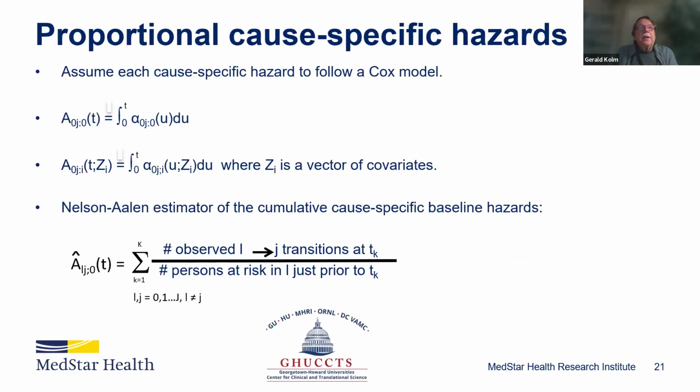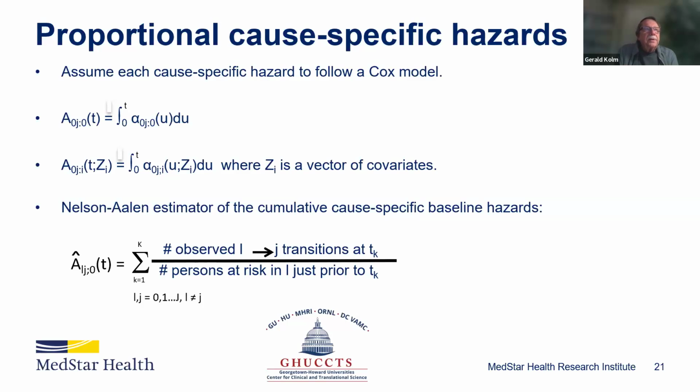So in terms of the cause-specific hazards, we're going to assume that each cause-specific hazard follows a Cox model. These are the formulas here, from time 0 to time t, for the cause-specific hazard that you would have for each event type.